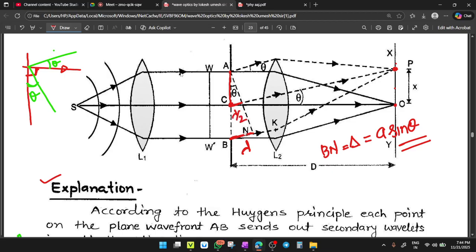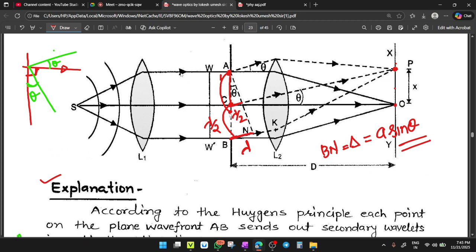Clear or not? So wave number 1 from here and the wave from the other half also have a path difference of lambda by 2, just like the sixth wavelet with the 12th one. We just saw this in that slide. Understood?